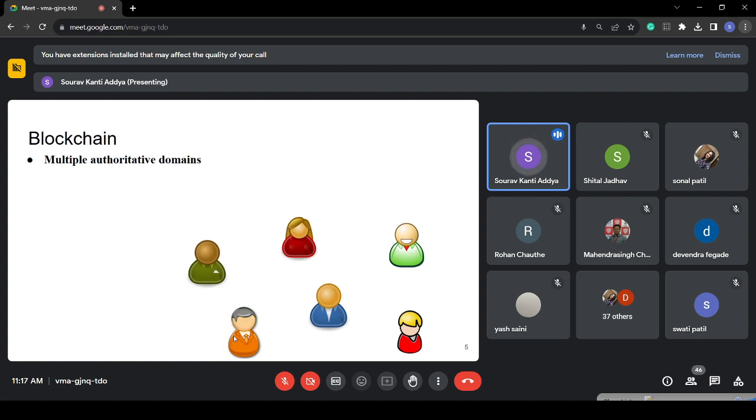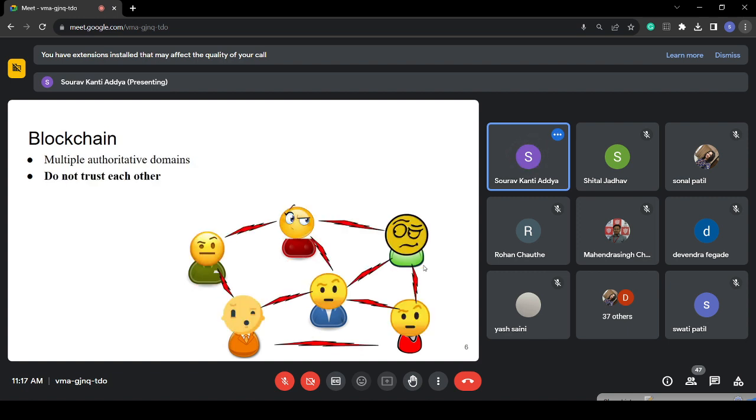So what is blockchain then? Blockchain has multiple authoritative domains. Here you can see the persons or users each have their own characteristics and their own authority on their domain, and they are distinct people or distinct systems.